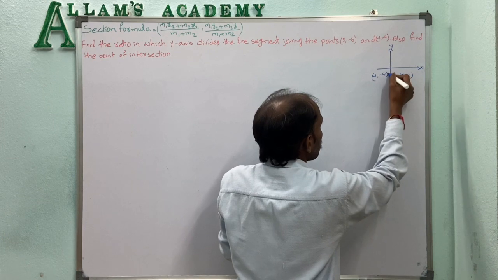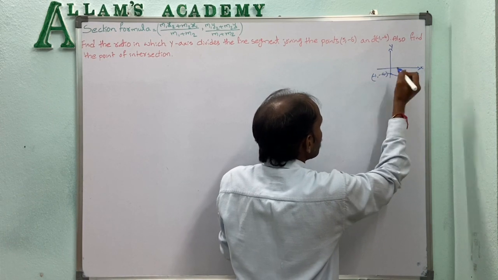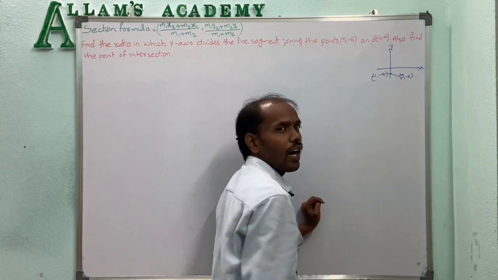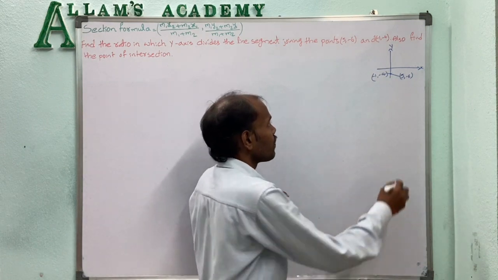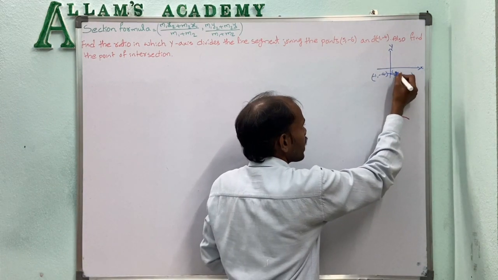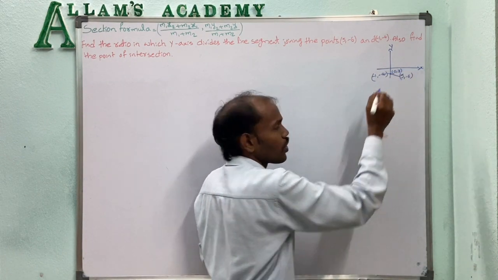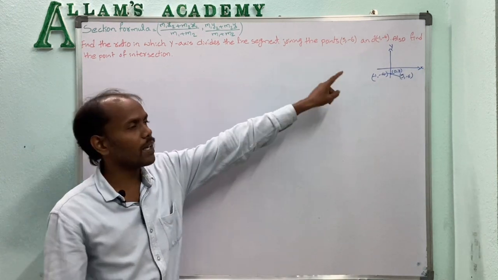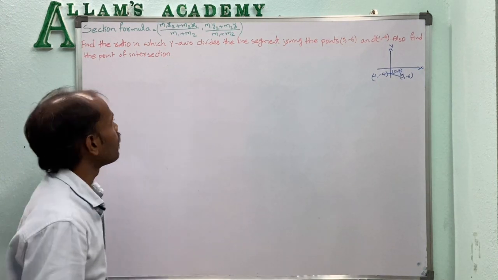Now the y axis joins both points. So on the y axis we take the x coordinate as 0. So the point will be taken as 0 comma y.